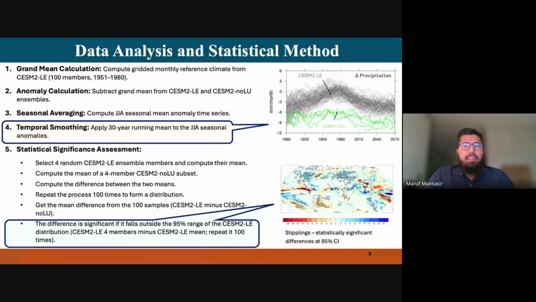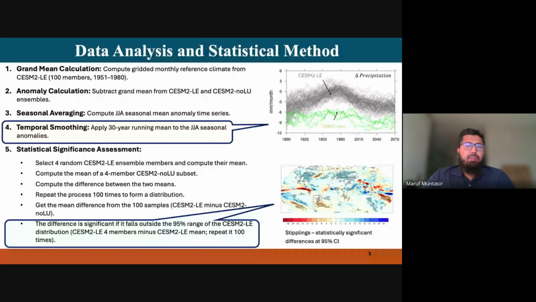And now the statistical significance. If we look at the bottom figure, we can see there are stippling, and stippling shows the statistical significance. To get that, first we select 4 random CSM2 LE members and compute their mean. Then we compute the mean of the 4 members of CSM2 no LU.